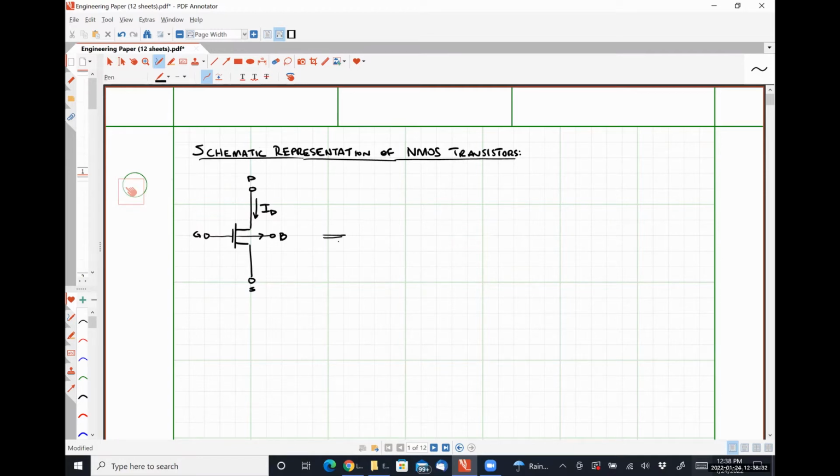Another representation that is very commonly used is this guy. We still have our drain. Still have our source. Here is our gate. And then we have effectively tied the body and source terminals together.